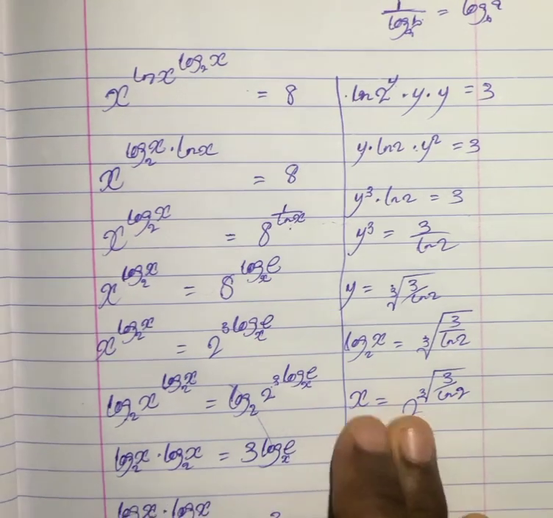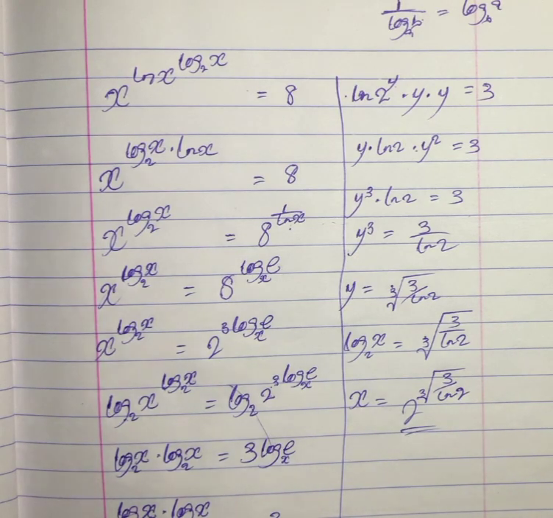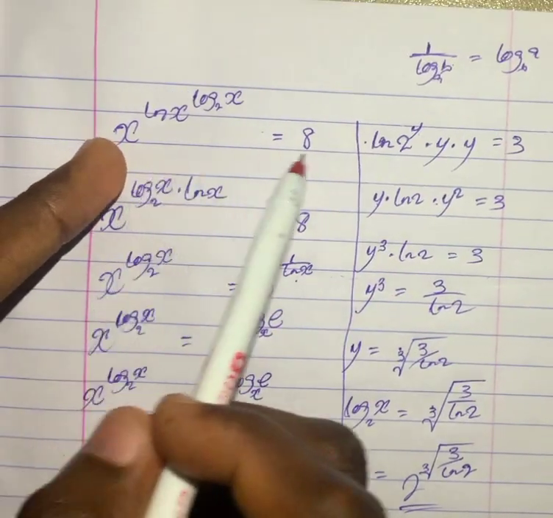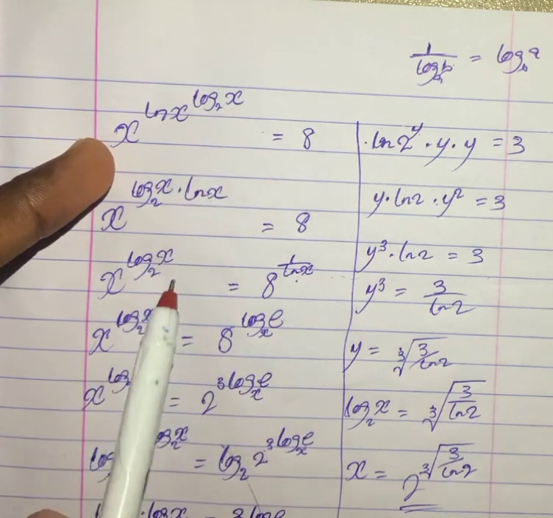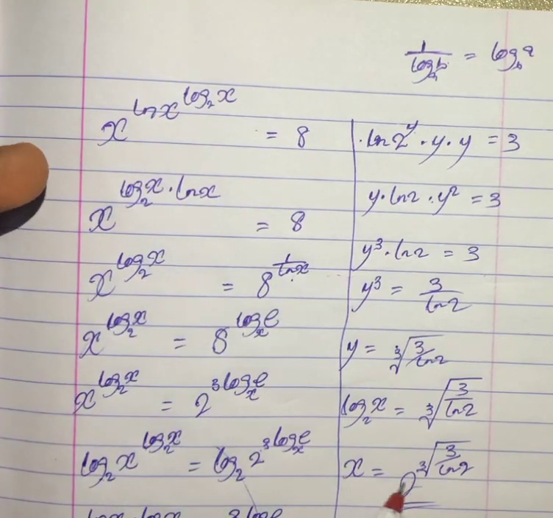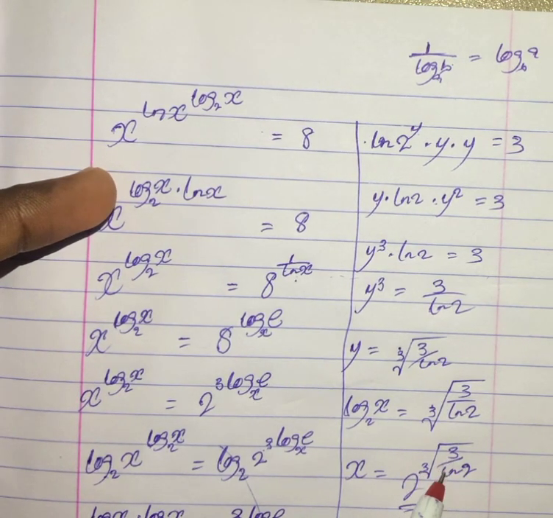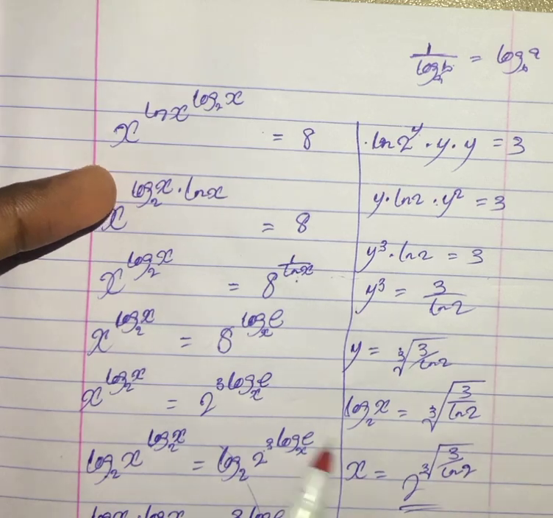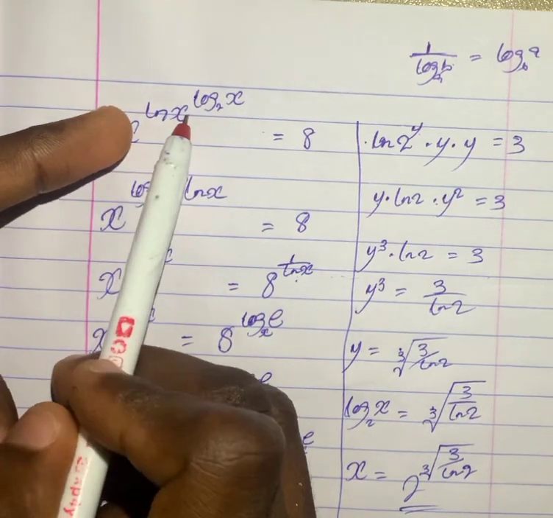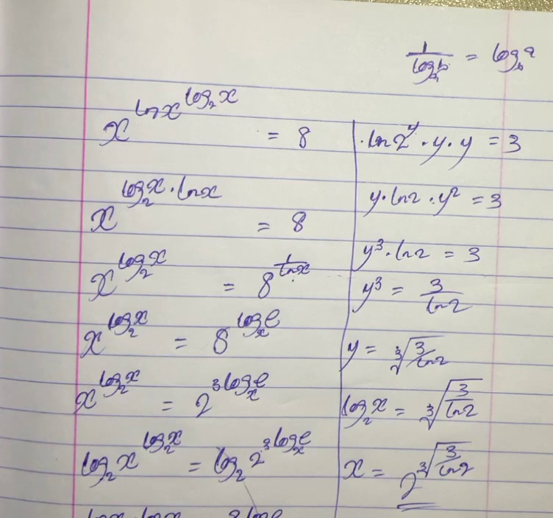So this is the simple value of x. If you put this into the equation, I guess you must have 8. If you say 2 raised to the power of the cube root of 3 over ln 2 is x here, and x here, you definitely have 8. So thank you for watching this video.